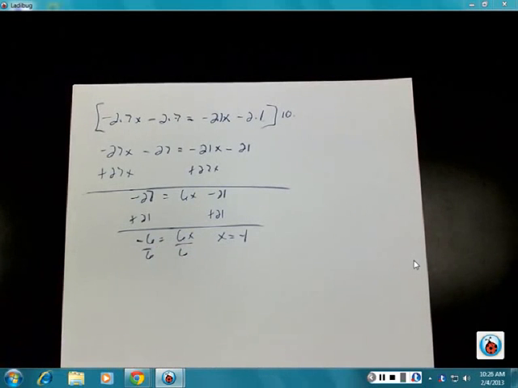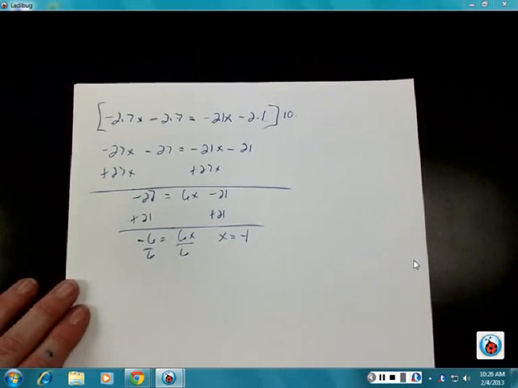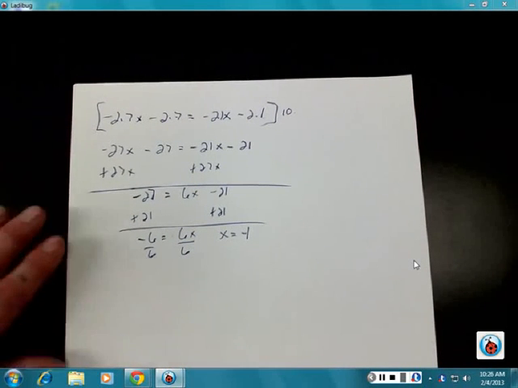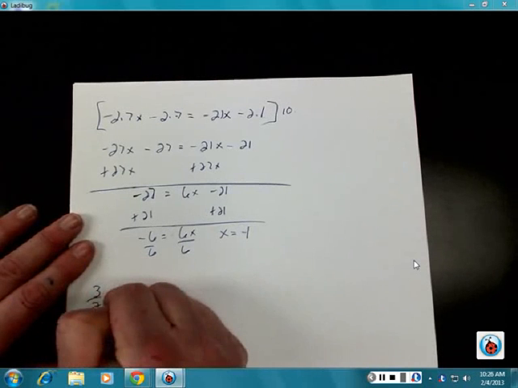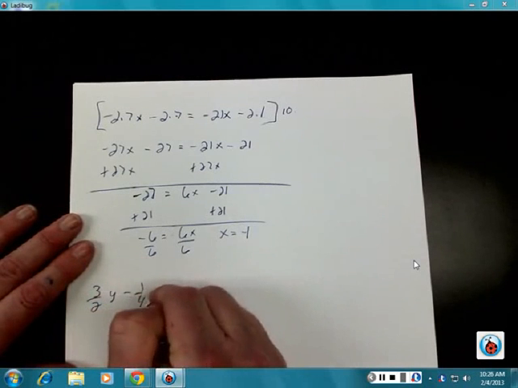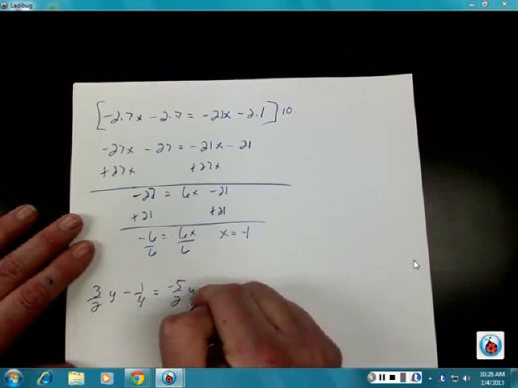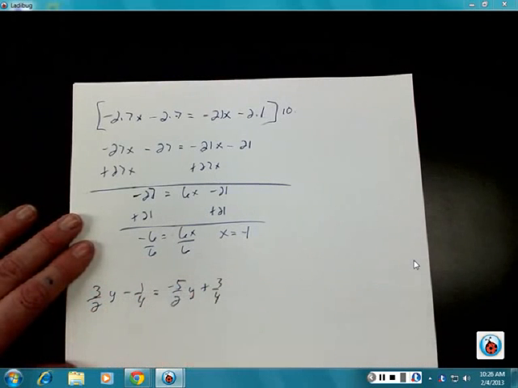Okay. The other kind that you have with these are ones that have fractions in them, and I'm trying to find one that doesn't. Oh, there we go. 3 halves y minus 1/4 equals a negative 5 halves y plus 3/4.